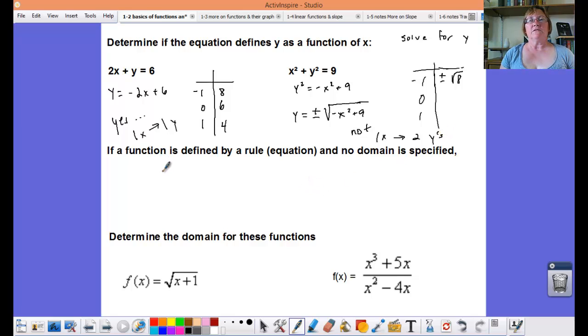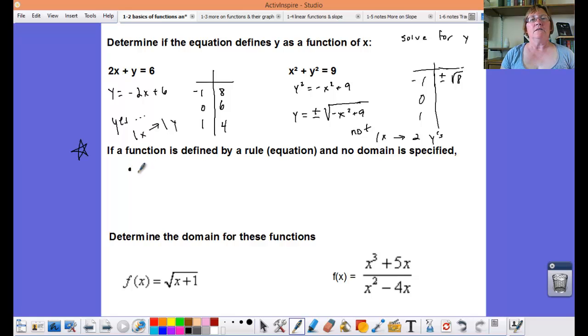We want to spend the rest of our time talking about domain and range for functions, and a big part of what we got to think about today is this. I'm going to put a star here because this is important. If we are given an equation and they don't tell you what the domain is, you can figure the domain by following 2 simple rules.